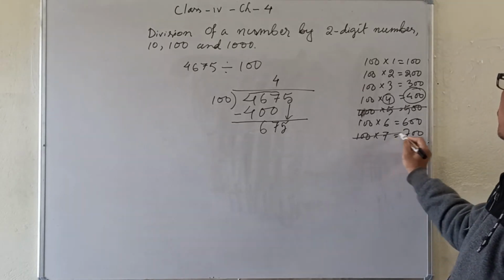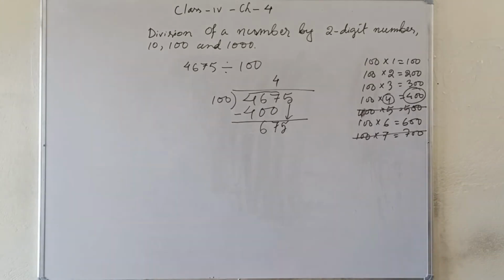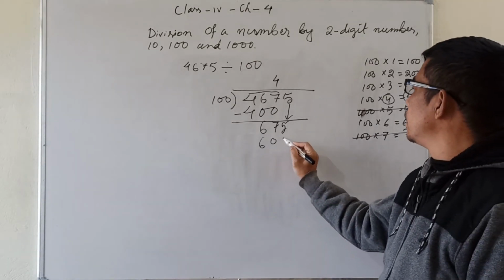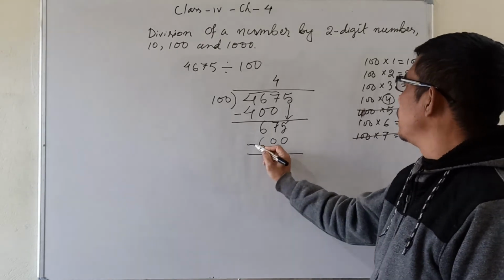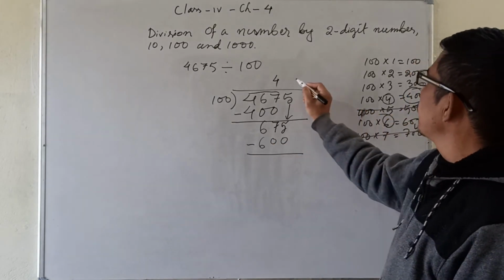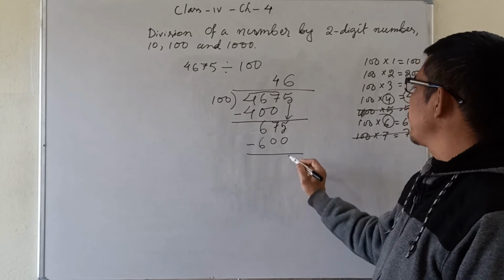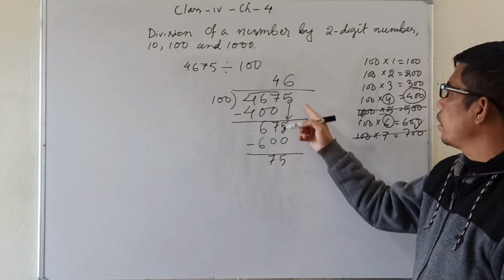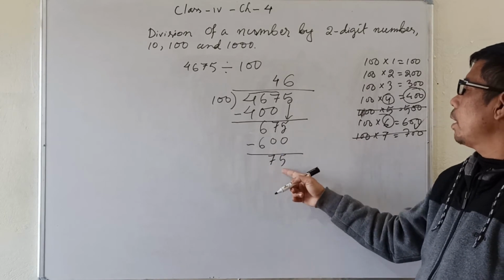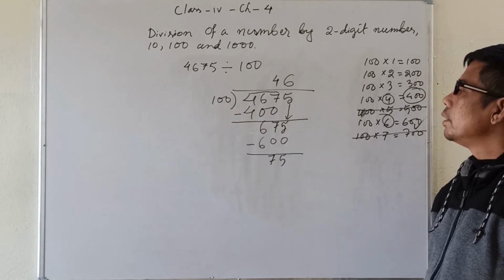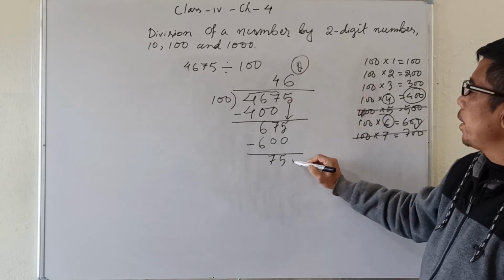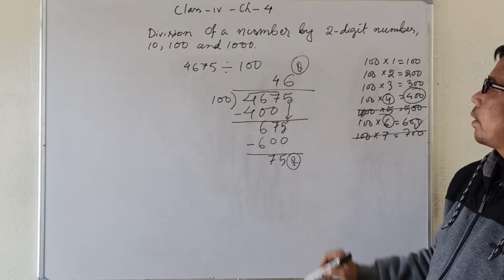So 700 is bigger than 675. So we have to take 600. In the quotient 6 will be there. Subtraction, 75. And no number to come down, and 75 is smaller than 100. So this is the end of the division. Here the quotient is 46, remainder is 75.